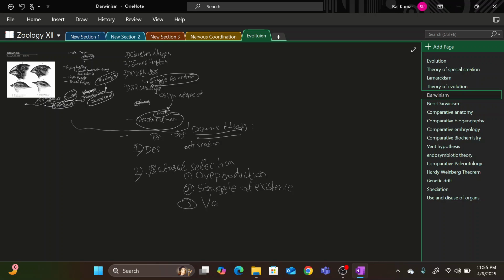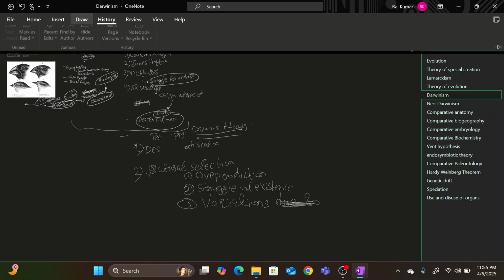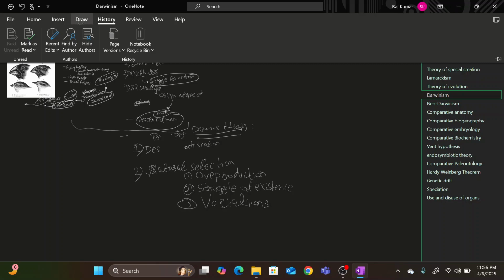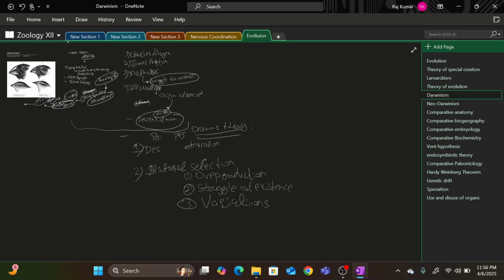And alongside that, there is variation. The organisms which have stronger variations that make them capable of surviving in the environment stay in the environment.